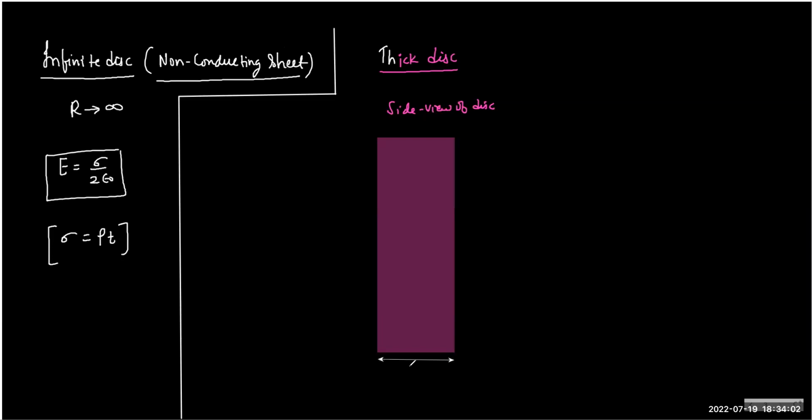And let's say thickness is T. So if you draw any central line, and if you move from the central line by some value, let's call it x, then you can choose a point P here.